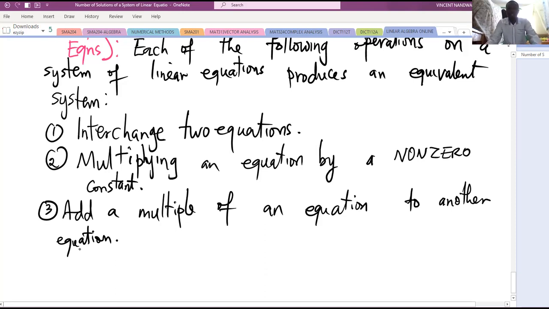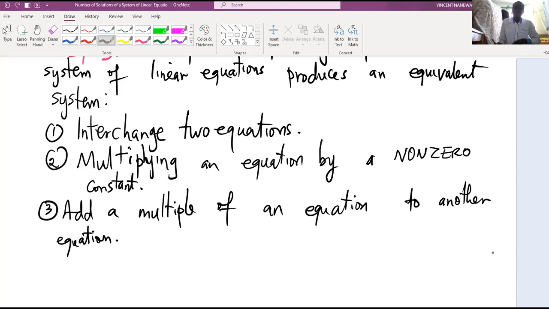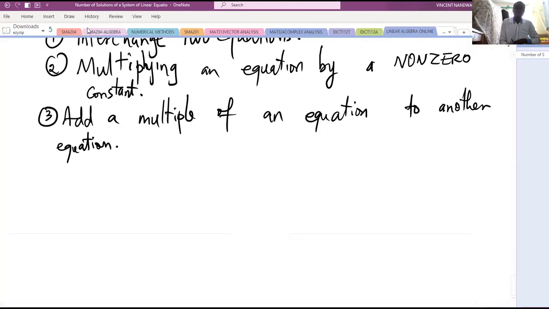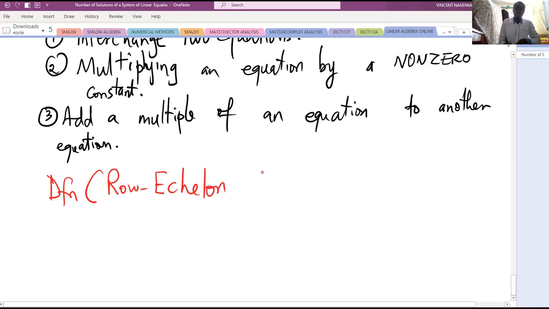So therefore, now let's define what we mean by row echelon form of a matrix. Definition of what we call REF, row echelon form, of a matrix.